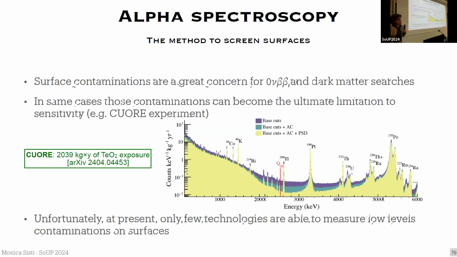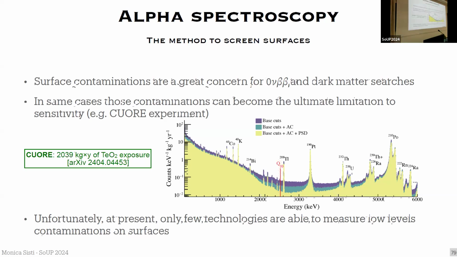We screened copper in every possible way, and we cleaned the surface with a special custom-made procedure. But still, you see a lot of alpha lines in our spectrum. This is where we expected the double beta decay peak, and the tails from the alphas produce background also in this region, that is the gamma region.